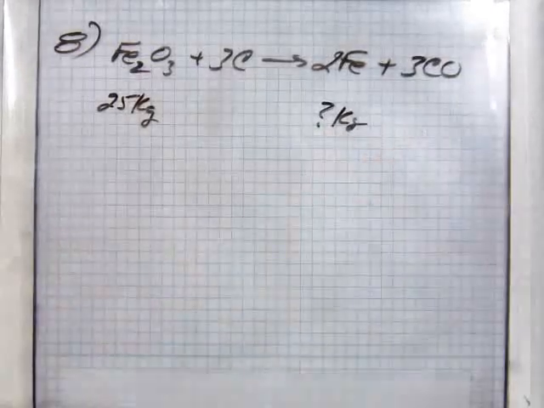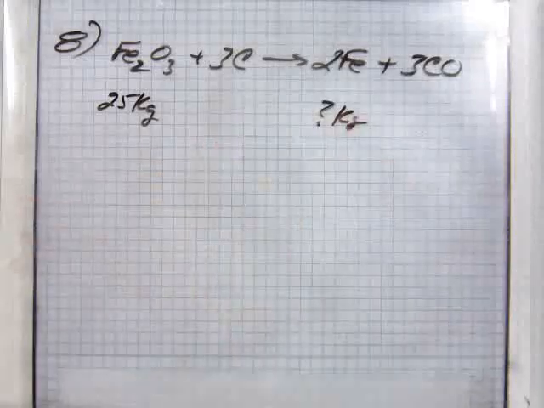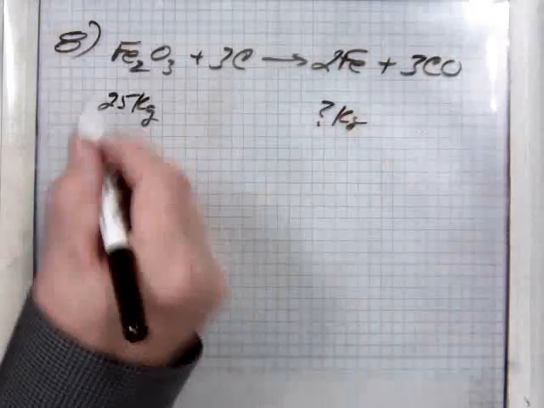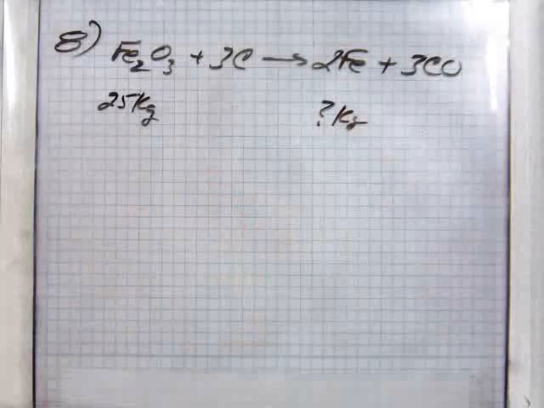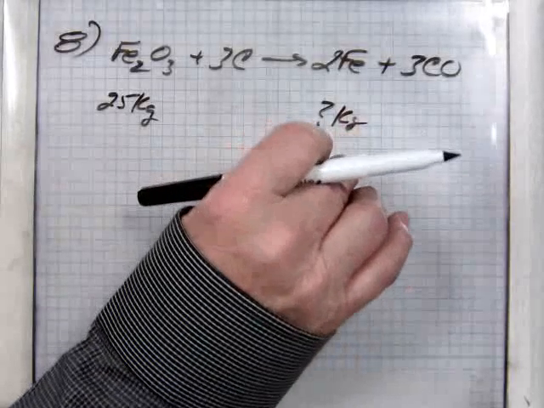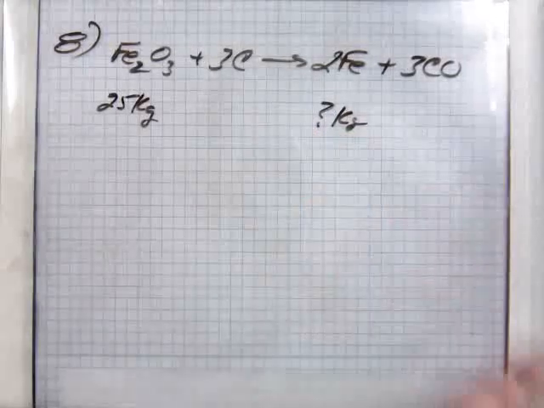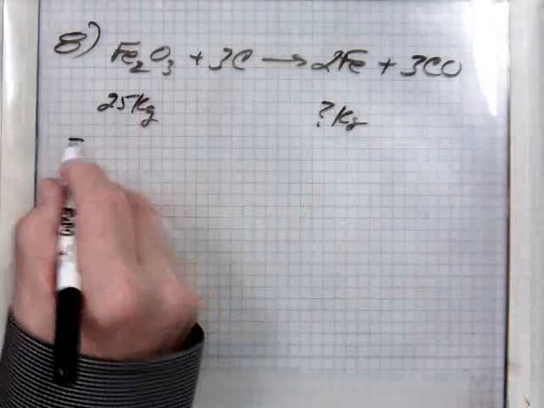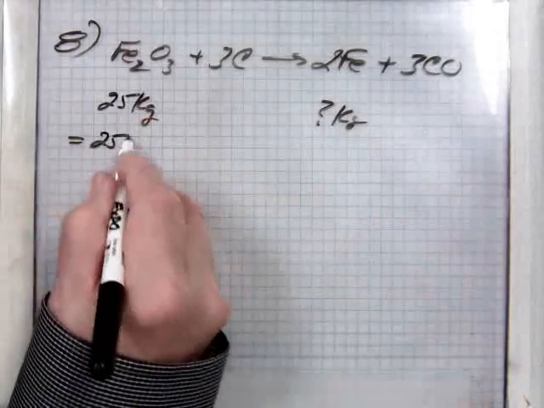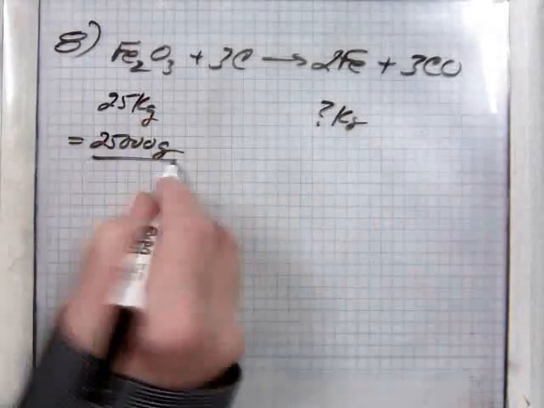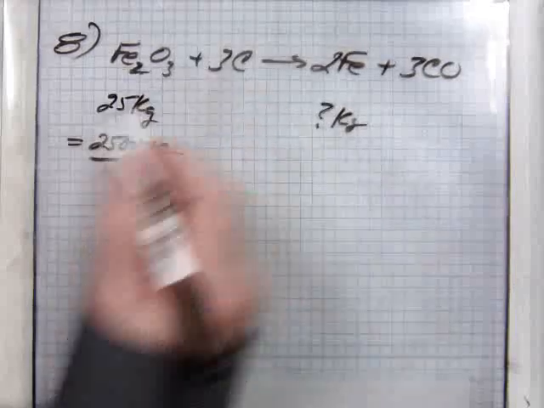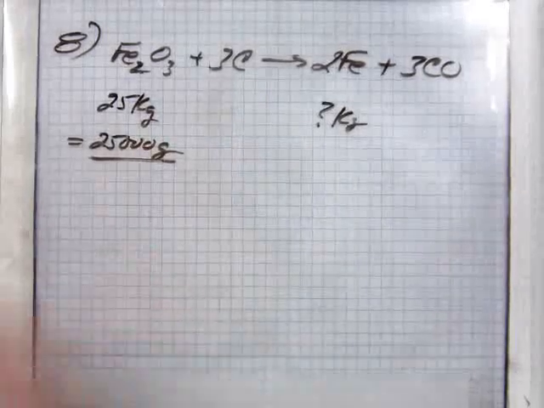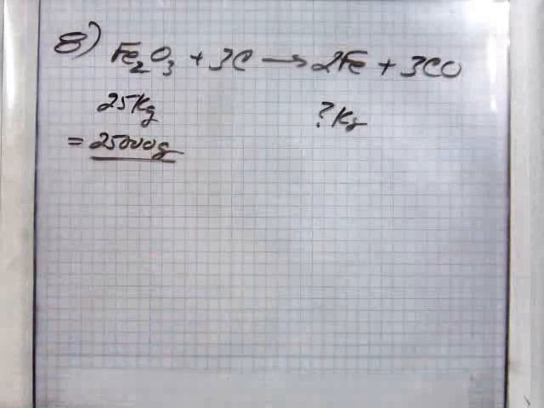Okay, out of this. Well, it looks like a 1 to 2, right? So whatever moles of Fe2O3 we got, we just got to double it to get over here, and then convert to grams and divide by 1,000, right? So this is kilograms, so that's 25,000 grams, and I need to divide that by the formula weight, and iron's 56, I think. Yeah.